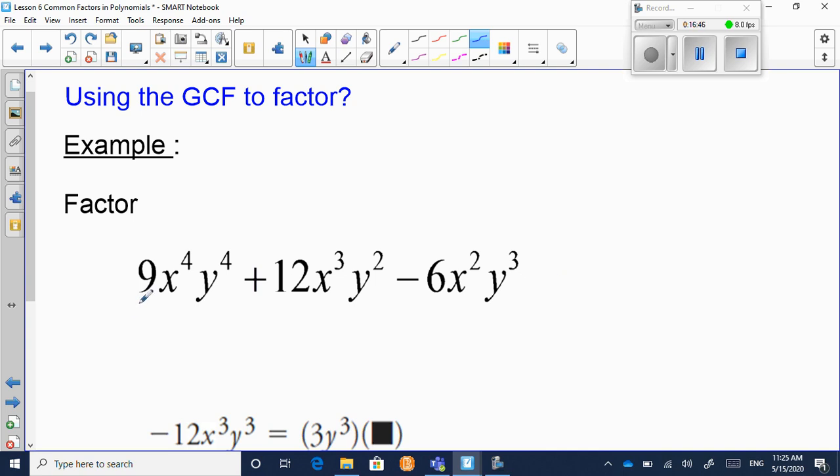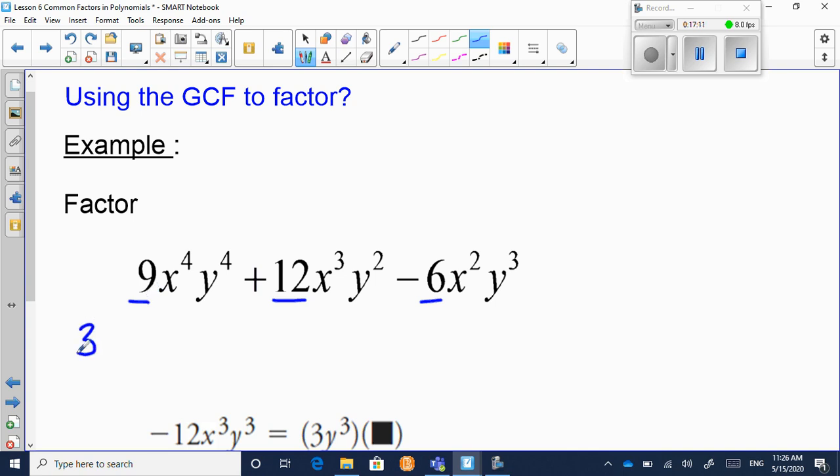So let's work on the numbers first. 9, 12, and 6. Well, I look at the smallest number, 6, and I know that 6 goes evenly into 12, but it doesn't go into 9. So then I break 6 down into 2 times 3, and I know that the 3 goes into each of them, but 2 doesn't, obviously. So here we go.